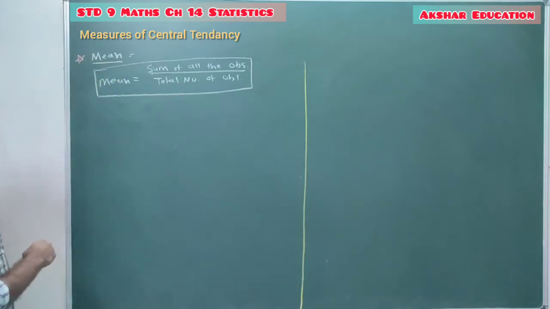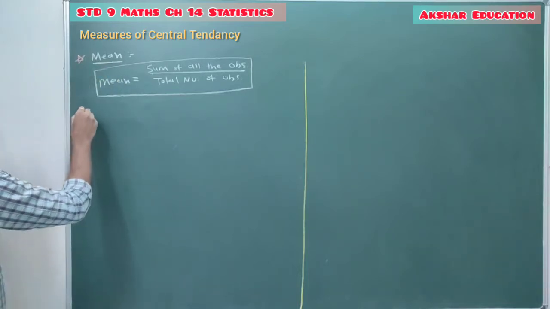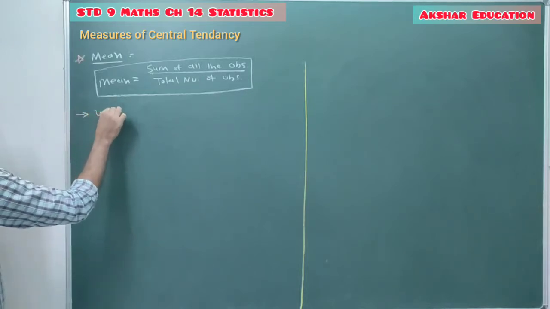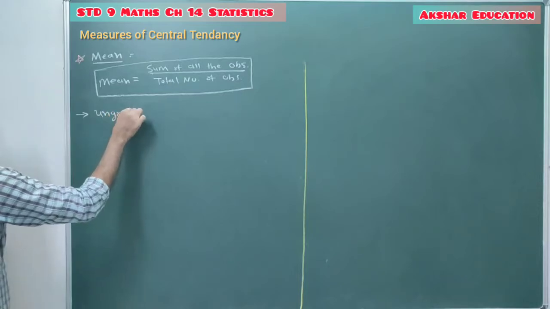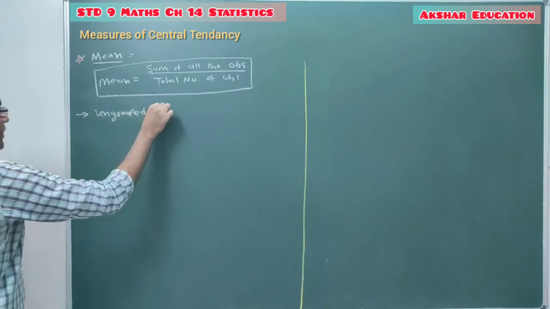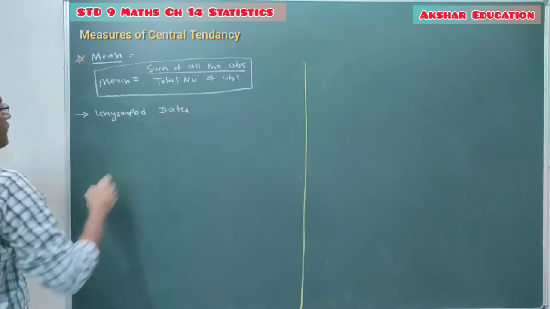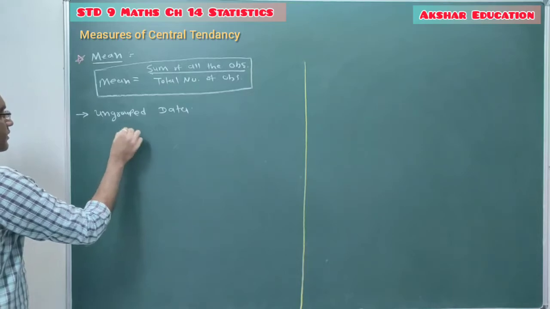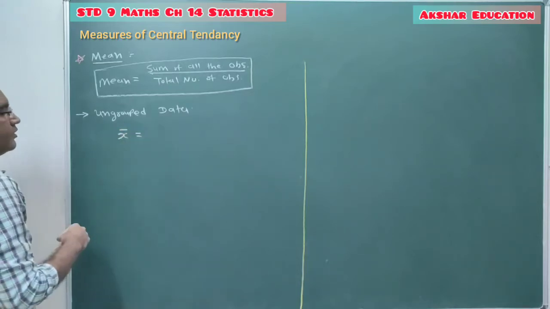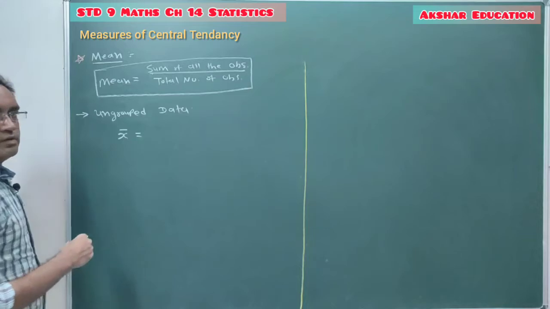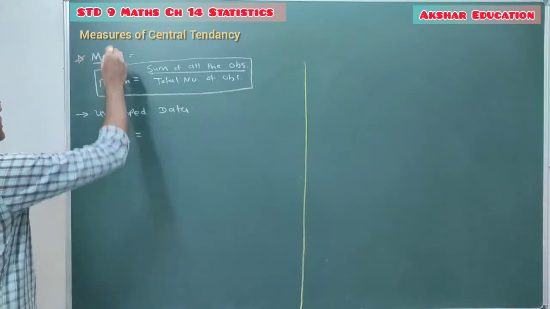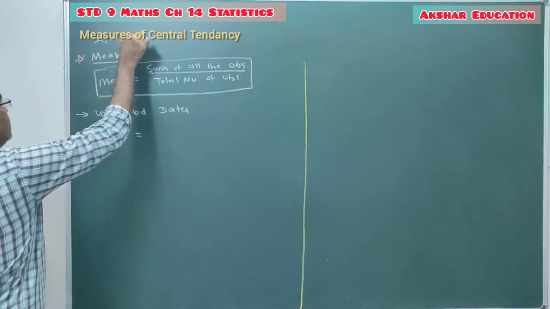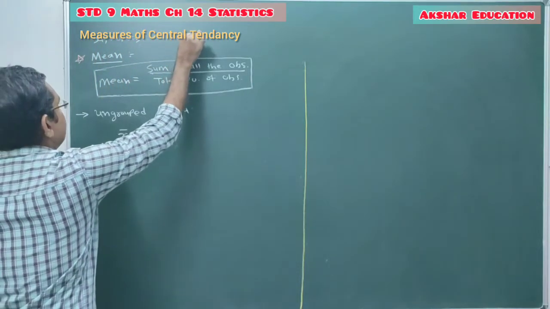So here basically there are two types of given data. For example, if ungrouped data is there, for ungrouped data the mean is represented by x bar. We have to consider the sum of all the observations. For example, given observations are x1, x2, x3 up to xn.